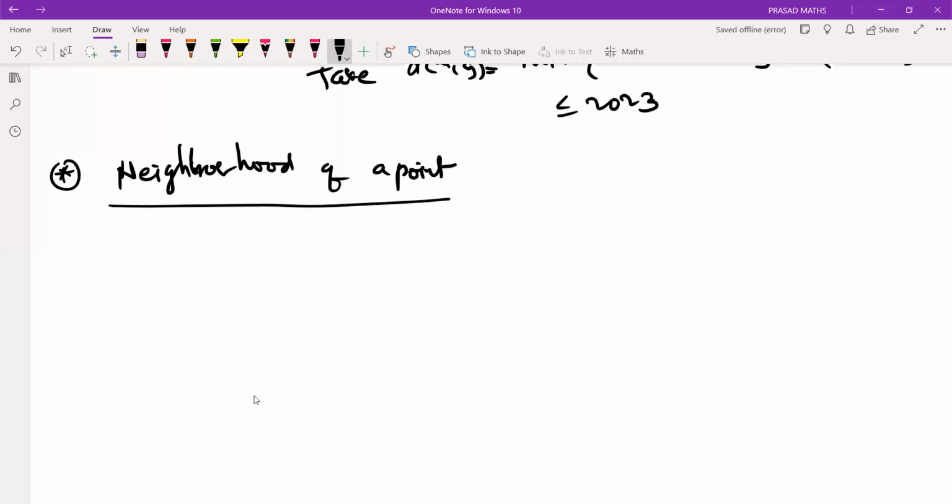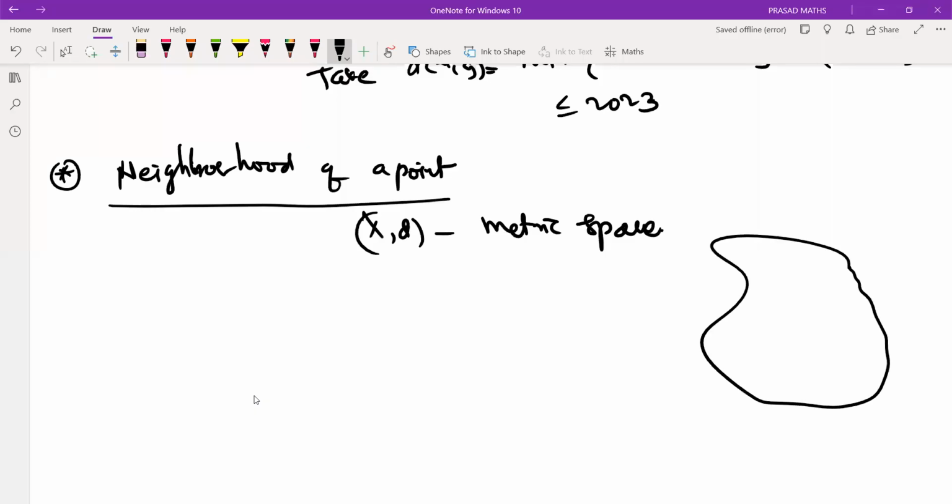Right, suppose you start with a metric space. This is my metric space. Suppose you take a point in the metric space, and you take some radius r positive.